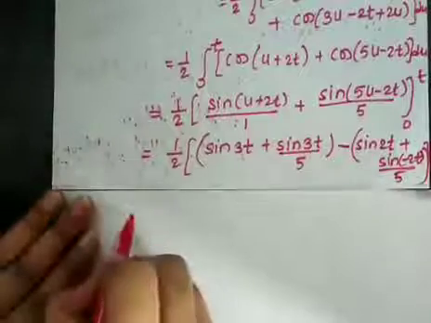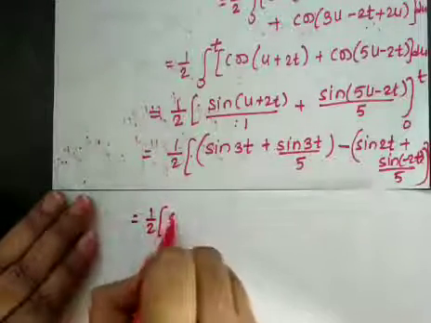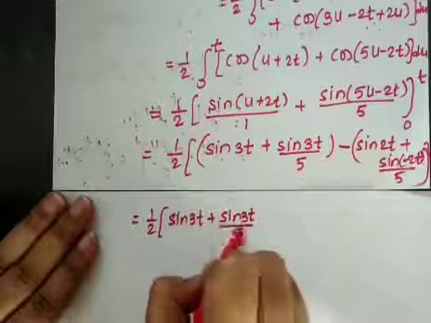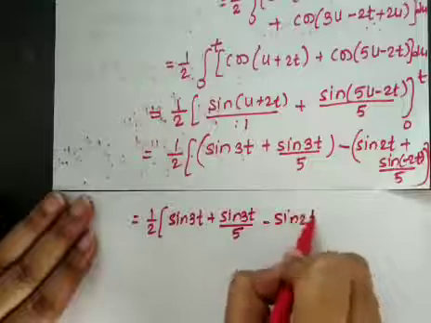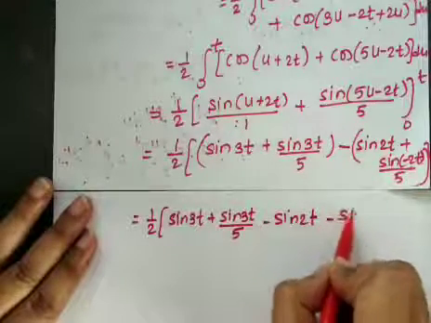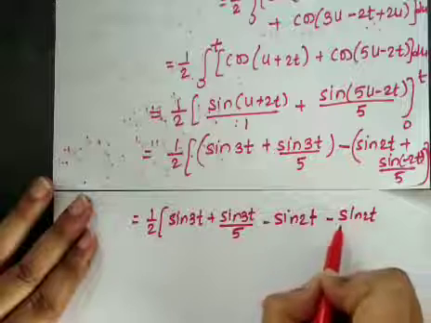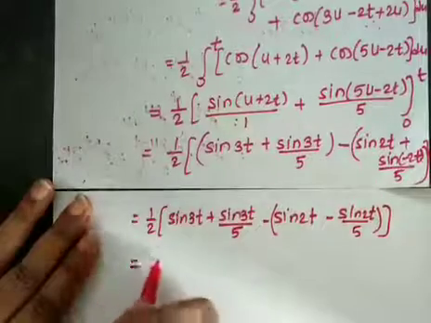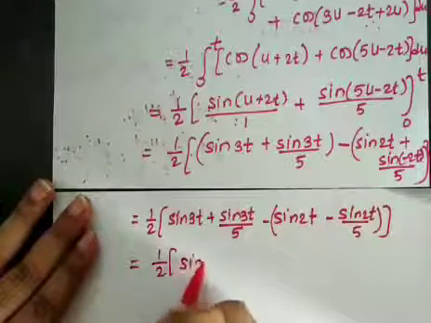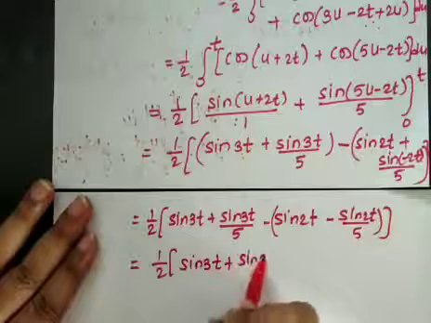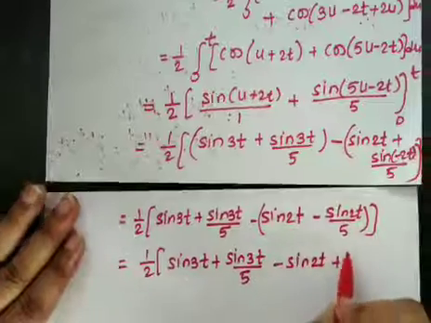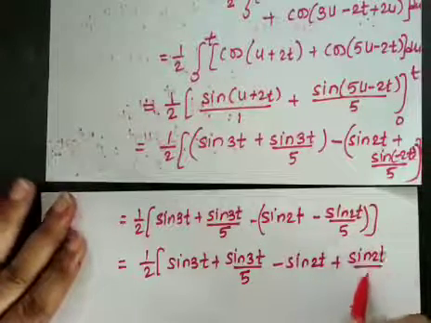That is equal to 1/2 into [sin 3t plus sin 3t by 5 minus sin 2t, sin of minus theta is minus sin, so minus sin 2t by 5], that is equal to 1/2 [sin 3t plus sin 3t by 5 minus sin 2t plus sin 2t by 5].